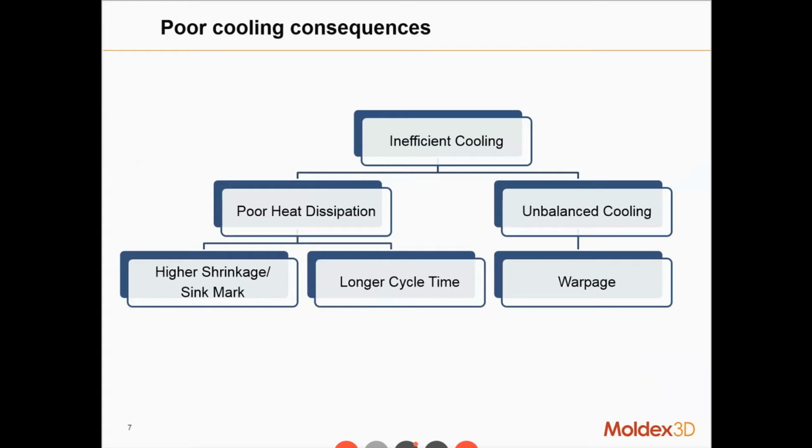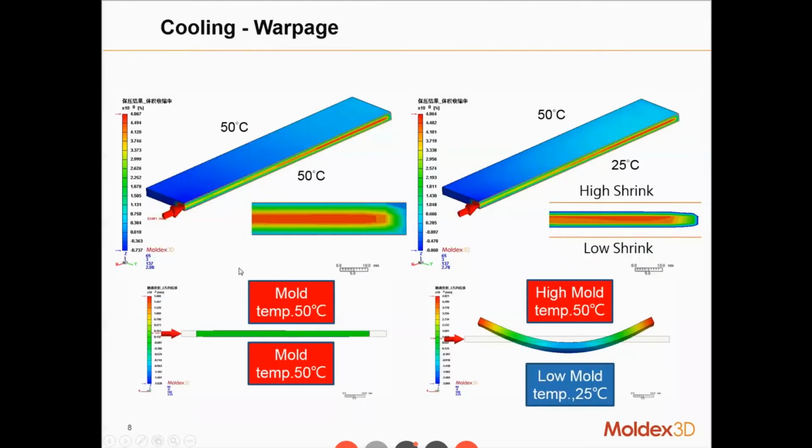On the other hand, we have unbalanced cooling between different mold halves, which might lead to warpage. We'll take a closer look at each of them separately.